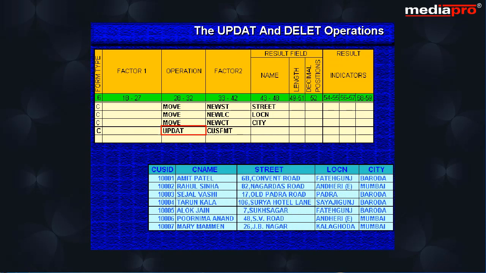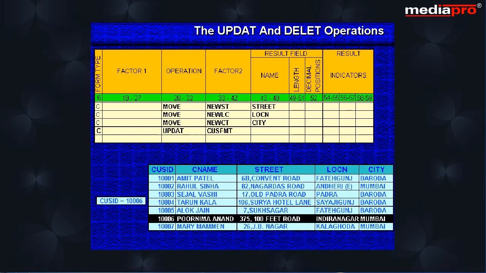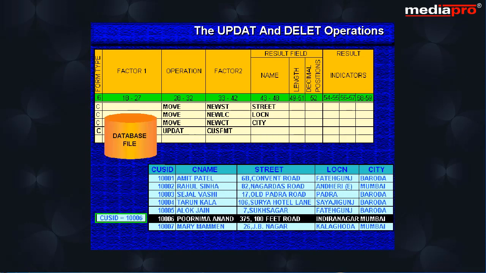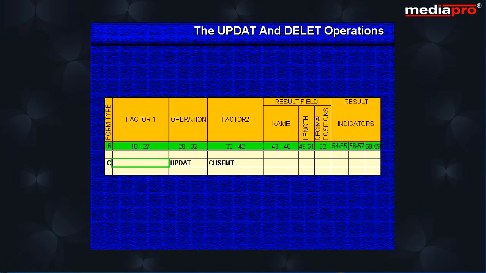The update operation is used to modify the most recently retrieved record. It causes the current values of all the fields to be written to the file. Factor 1 is not used. Factor 2 should contain a record format name for externally described files and cannot be a file name.